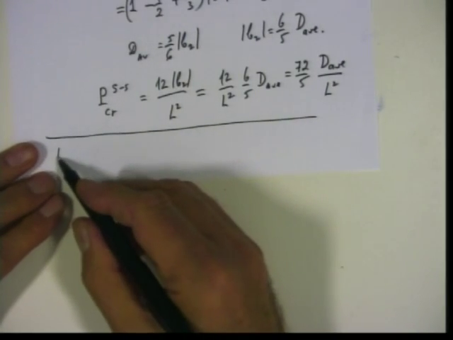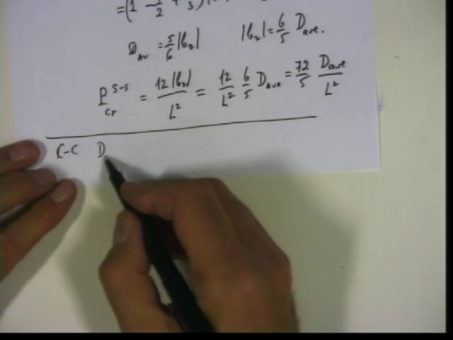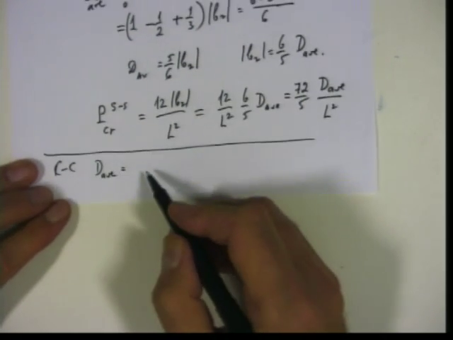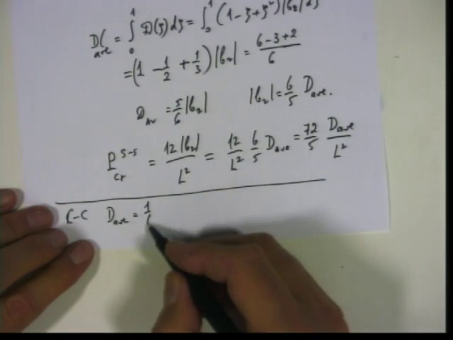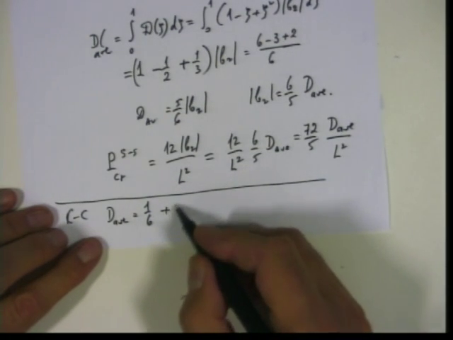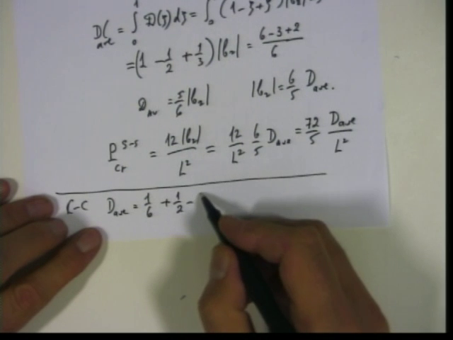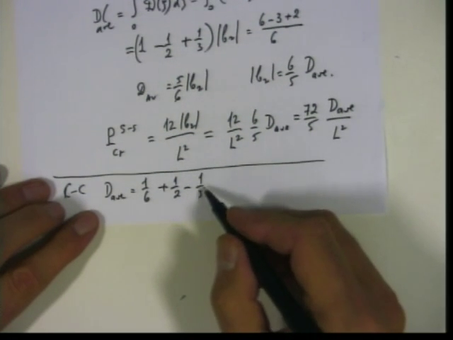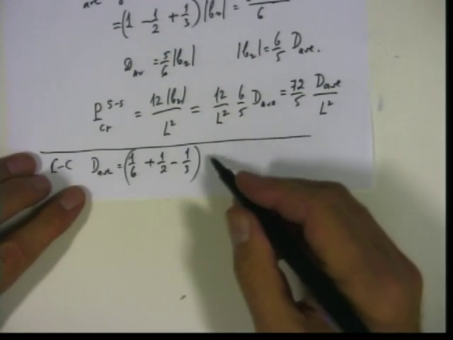For clamped, the average equals 1/6, then plus 1/2 minus 1/3, b2.